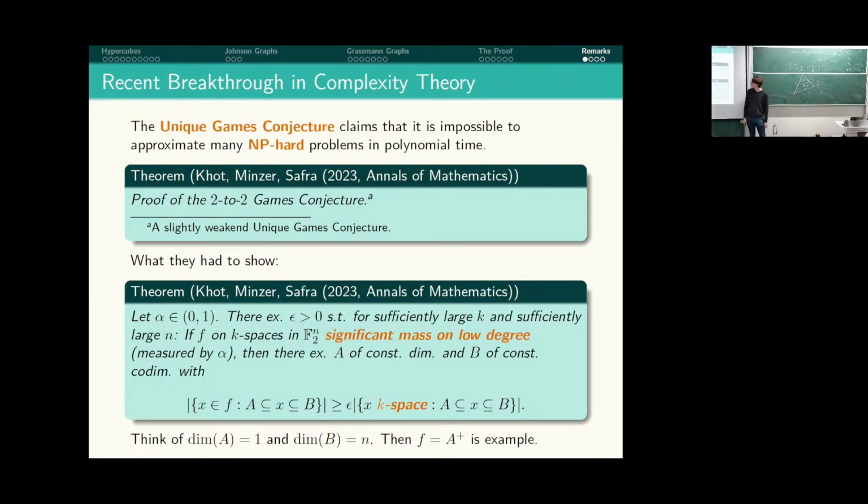And then you can show that such a function is not equally distributed in your vector space, but it has to be concentrated, it has to be sandwiched between subspaces A and B, where you have more than expected elements of your function or much less than expected values. And this was what you had to show for the proof of the 2-2-2 games conjecture. Just to illustrate why some complexity theory people care about these questions.